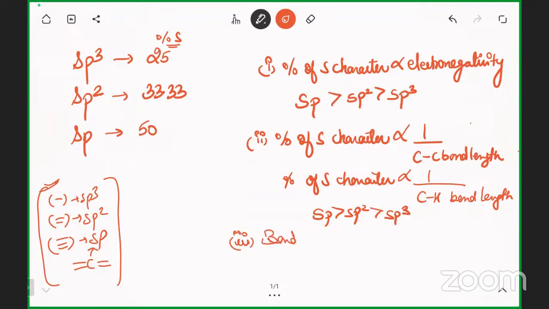Okay, third thing, bond strength. Anyone? Just correlate the percentage of S character with the bond length.